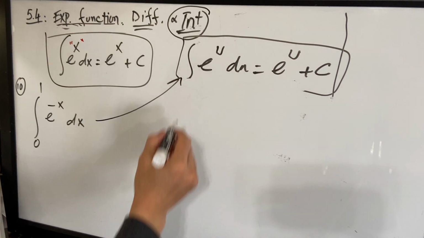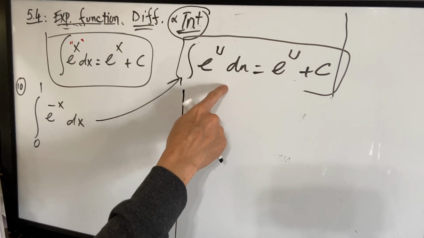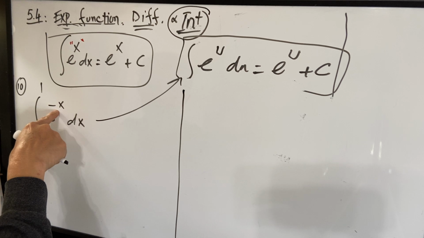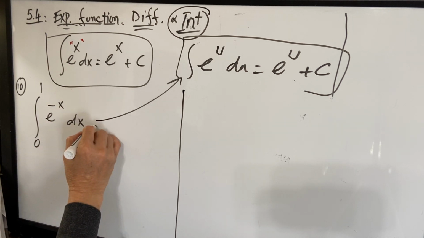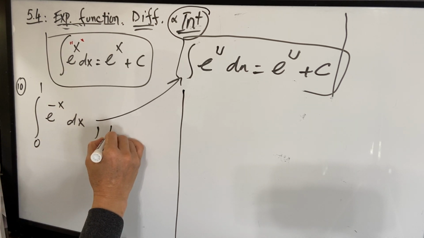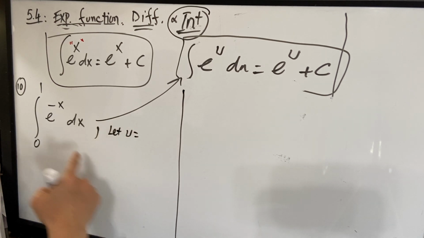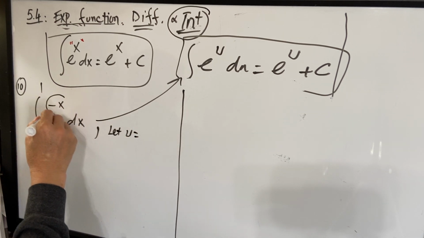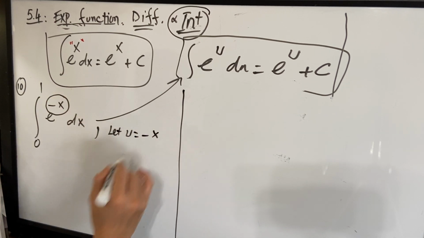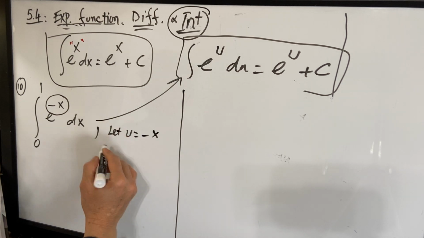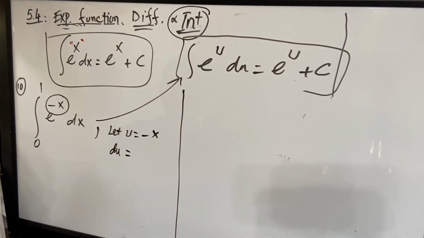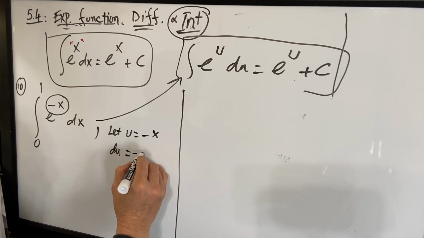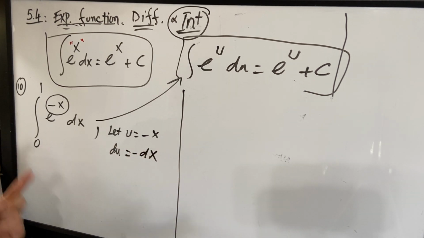That is right. You got to use this guy because this is not exactly as that guy. Therefore, your job right now is to let u equal exactly whatever that is right here: negative x. Now du, I'm going to do a quick evaluation for you. du equals negative dx.